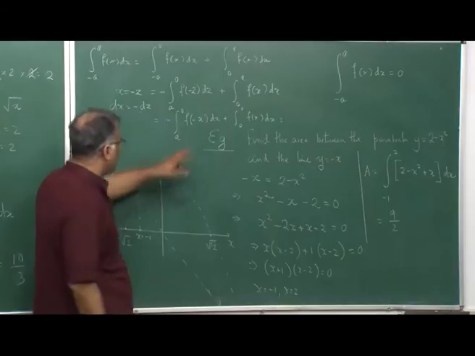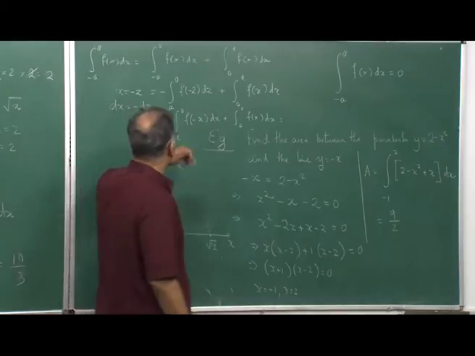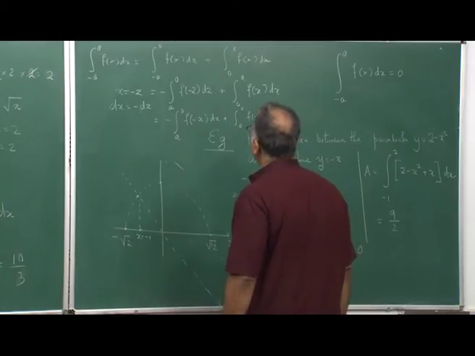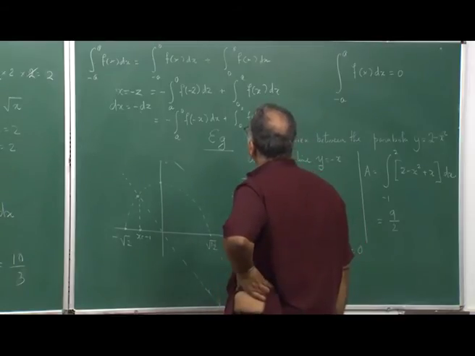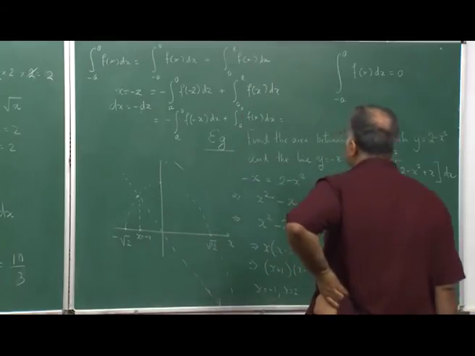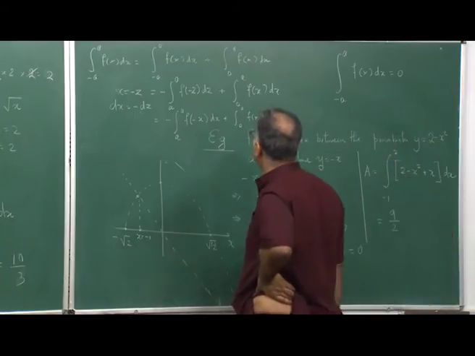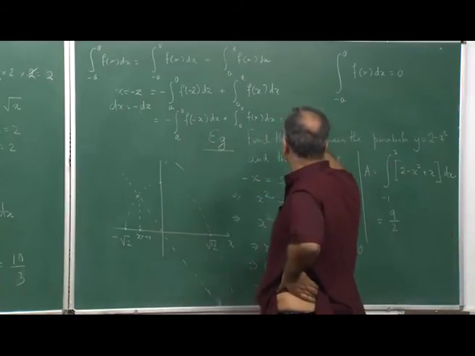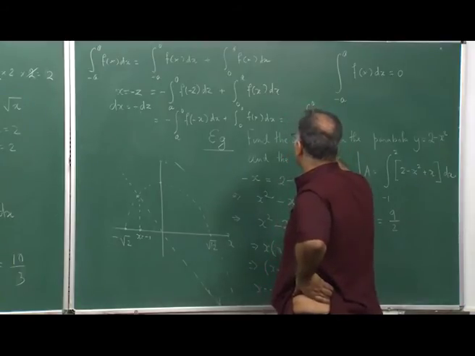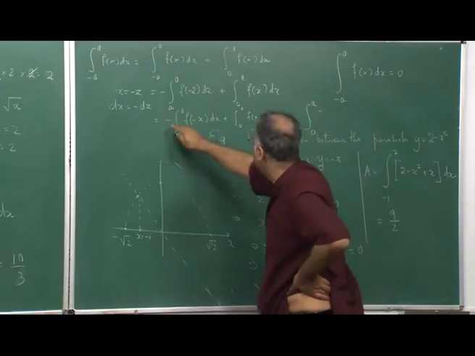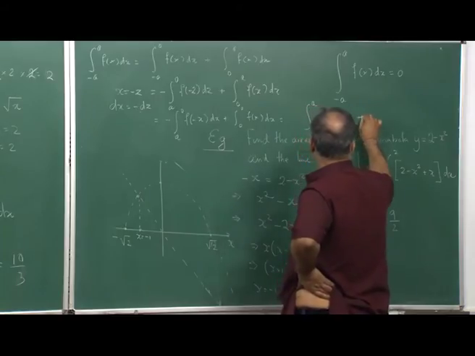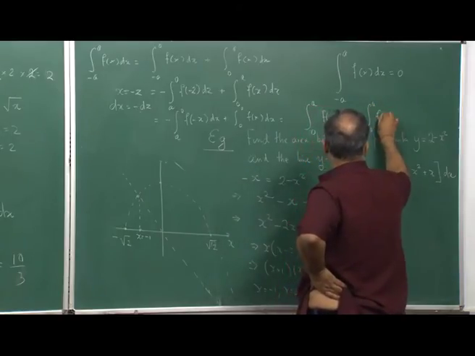Now, you see how the reasoning goes, but because this is odd, f of minus x is minus f of x. So, this will become, sorry, it will become 0 to a because of the minus here. So, this will become the integral of f of minus x dx plus 0 to a f(x) dx.